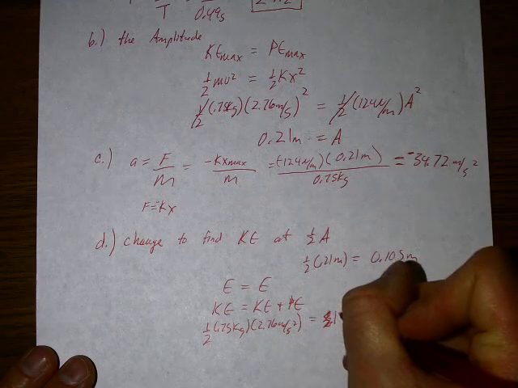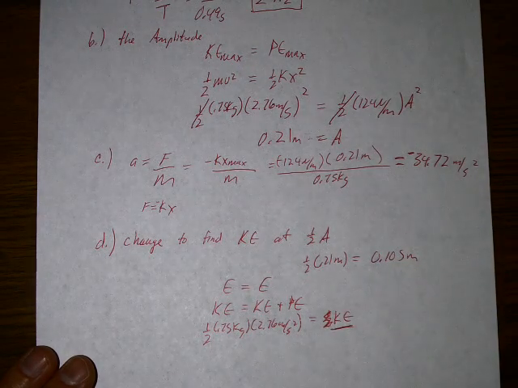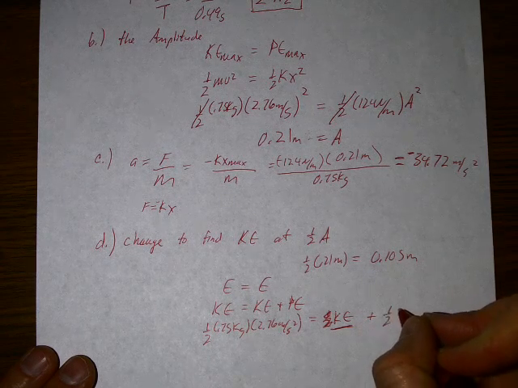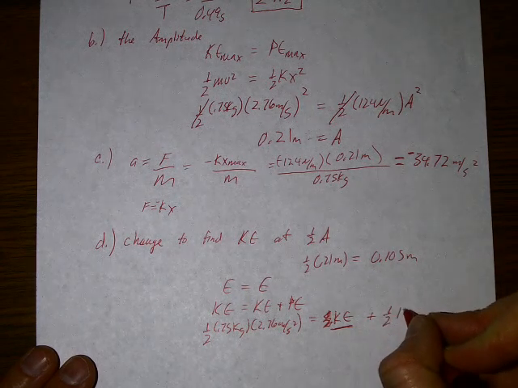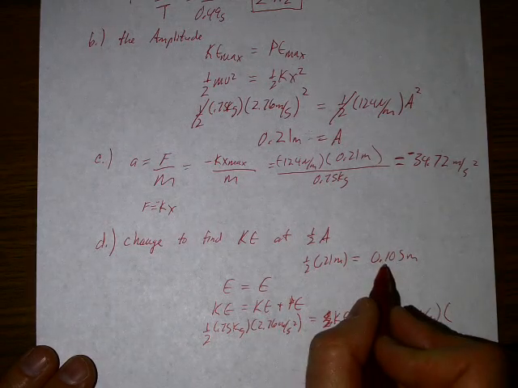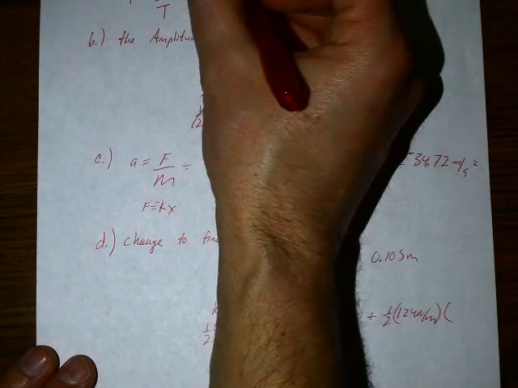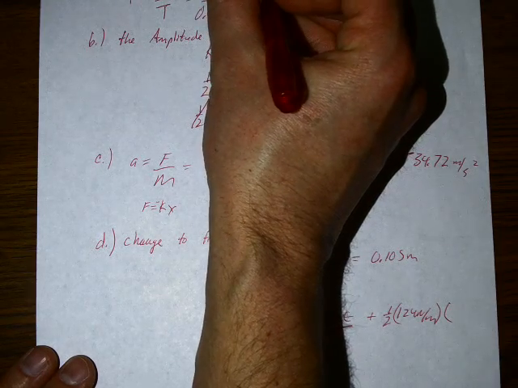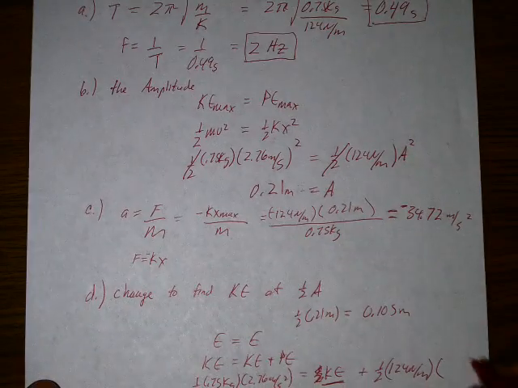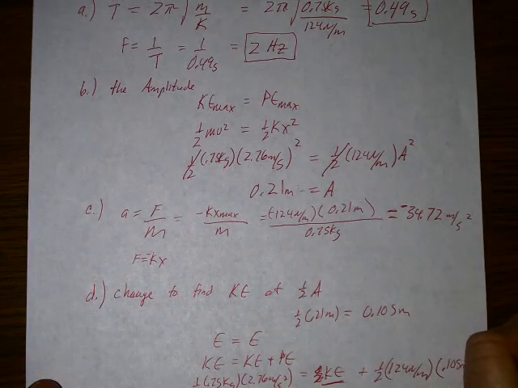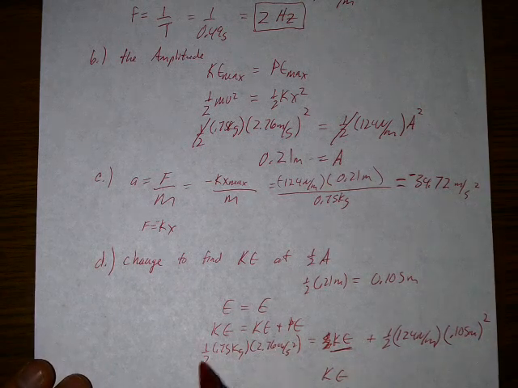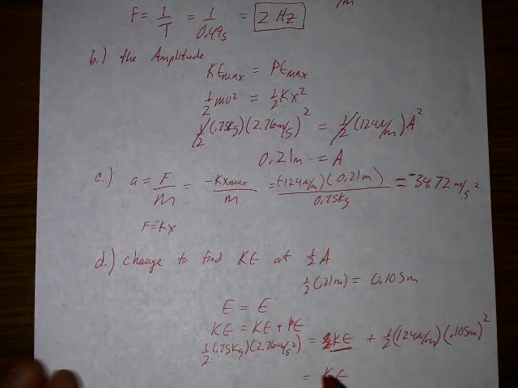So I could just leave that as a variable, Ke. And then the potential energy at that point is 1/2 k, 124. And the x now is at 0.105, so I'm 10.5 centimeters past equilibrium. So I've got some stored potential, and that has to be squared. And now I should be able to find this, subtract that amount, and get the kinetic.